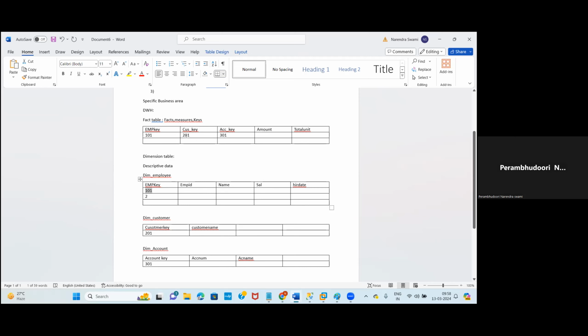Then it looks into which customer took this through this employee, 201. Then we go to the customer details, customer name, phone number, all those things. And then which account this customer took, like 301. Then we look into all the details of the account number. So that is how the fact table is going to be a base table to combine all these dimension tables.